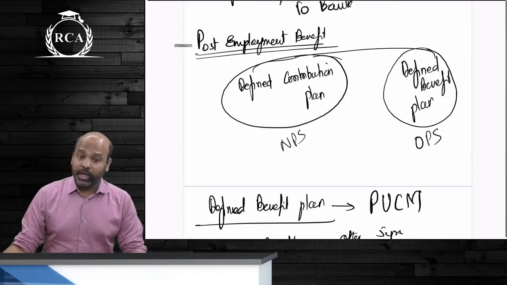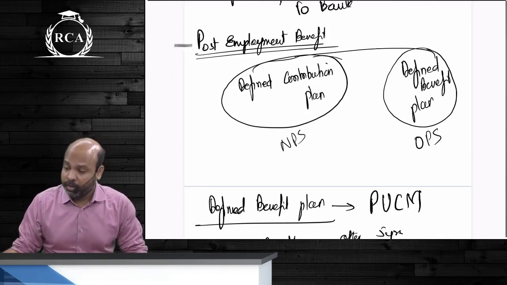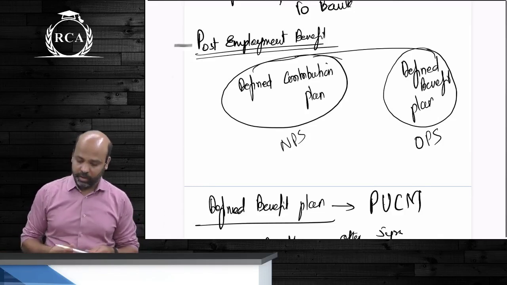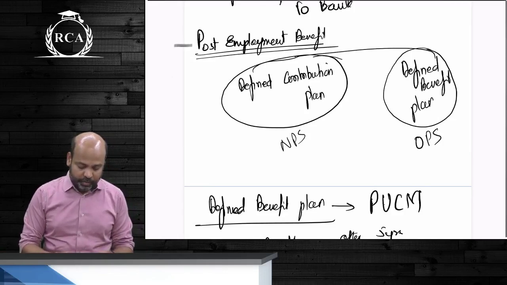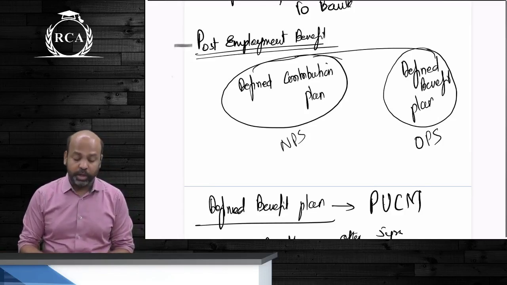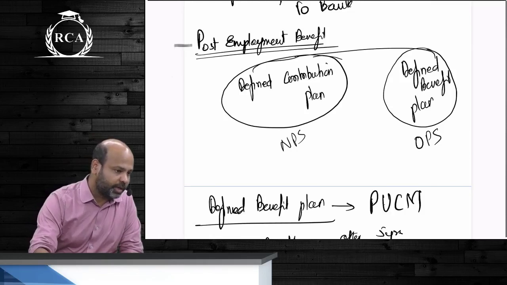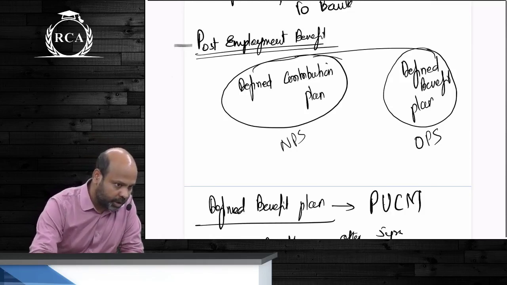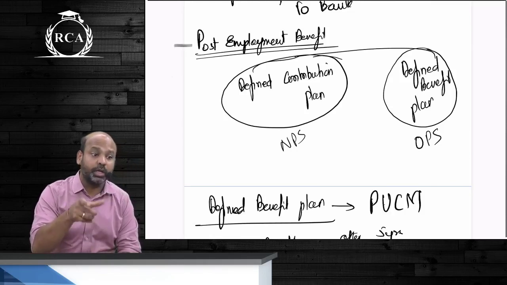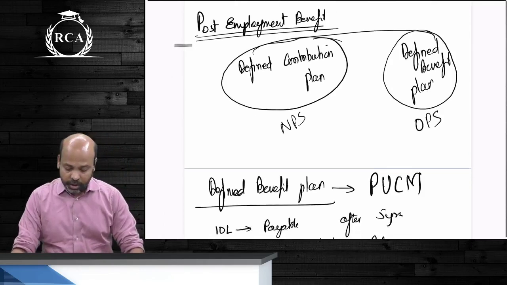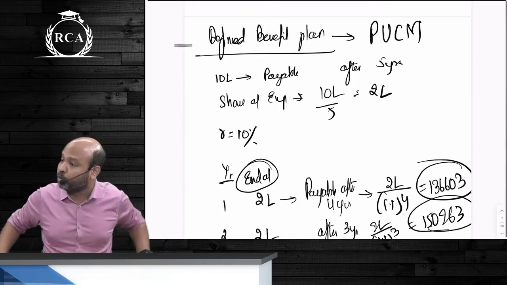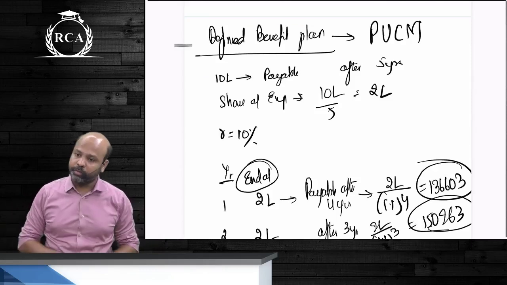Now, when it comes to defined benefit plan as such, guys, I said you will have to create a provision based on projected unit credit method. PUCM tells us that though the benefit will be payable on a later date, the benefit accrues uniformly over the years of service. That is why you are going to book it as an expenditure, guys, on a uniform basis.